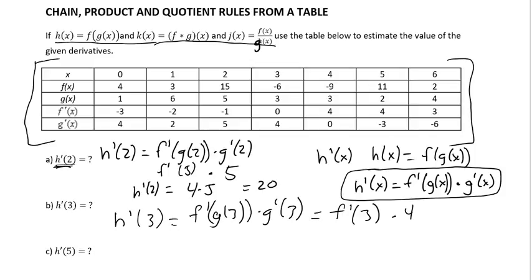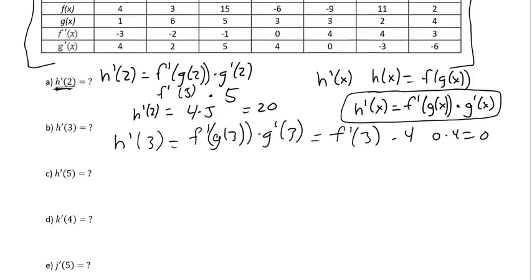F prime of 3 is 0. So h prime of 3 is 0. H prime of 5 can be done in a similar fashion, and I'll leave that to you.